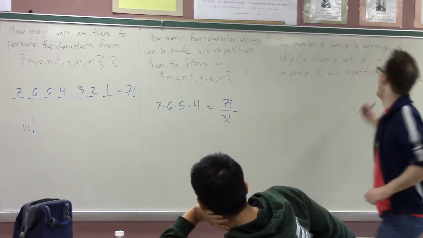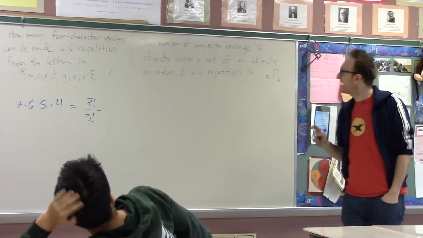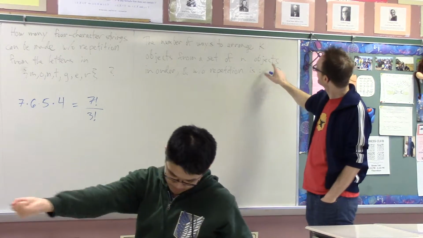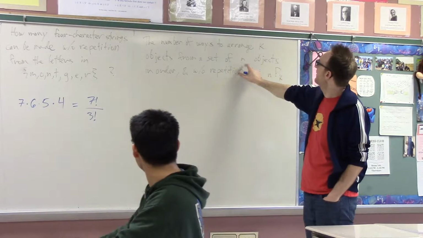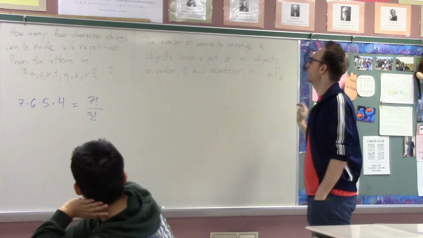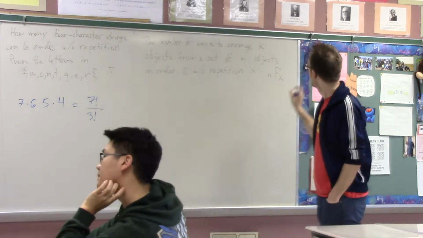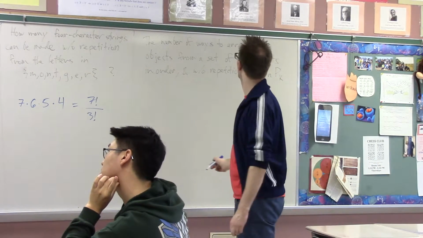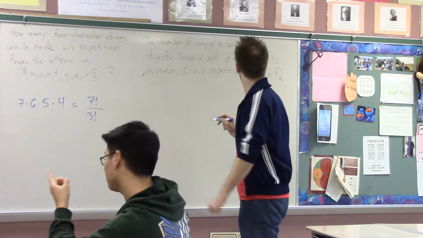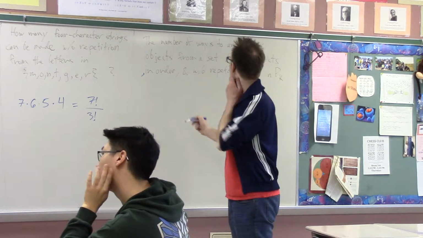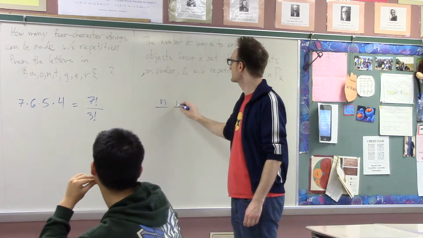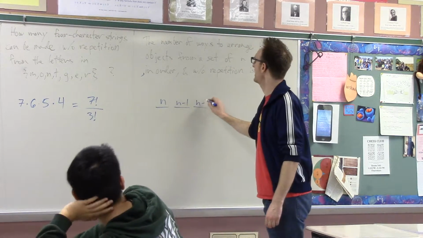Okay, good. So how about if I'm doing this in general? If I have n objects, and I want to arrange k of them in order without repetition, we call this symbol nPk. Well, I have n choices for the first one. For the next one, I have n minus 1 choices. The next one, n minus 2.